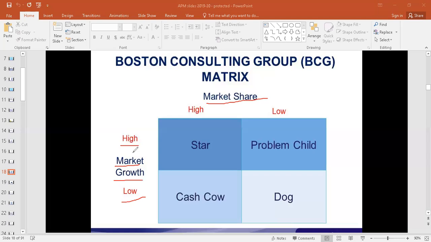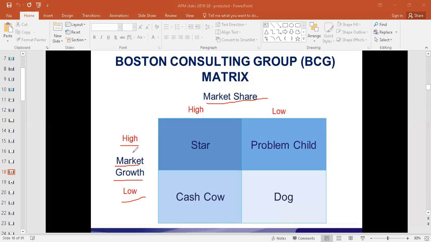Certain cash balances or cash reserves have to be invested into the business to achieve this growth. High or low growth talks about the future possibility, the scope for them to grow. Because the market is growing, it becomes possible for them also to grow along with the market. That is the concept here.